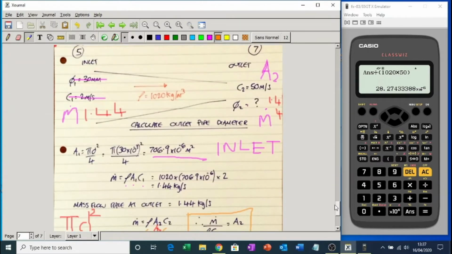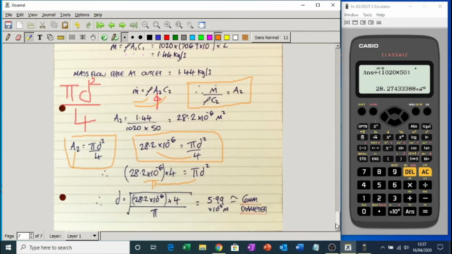It's 2 there, so it's getting faster, so we'd expect this to be less, wouldn't we? Which it is, right? So let's work it out, and let's make sure we're careful. So let's overkill: 28.2 to the minus 6. We'll close that.